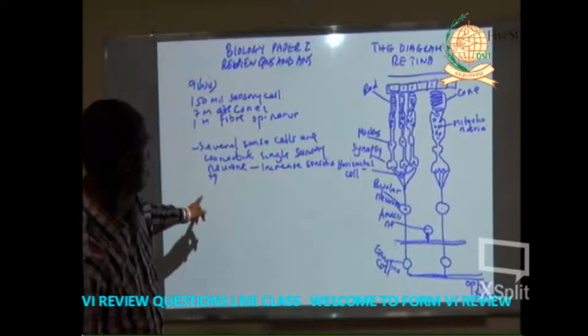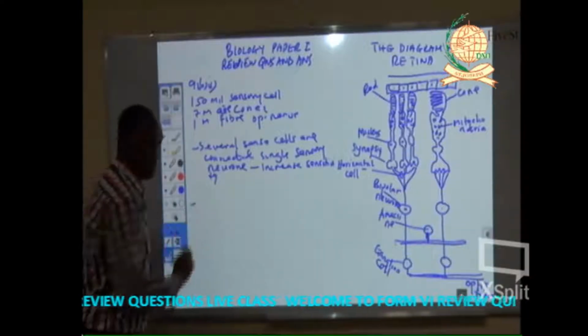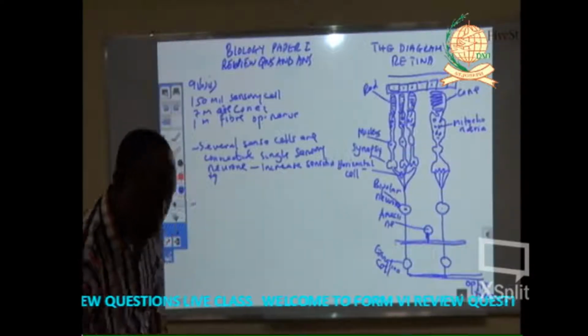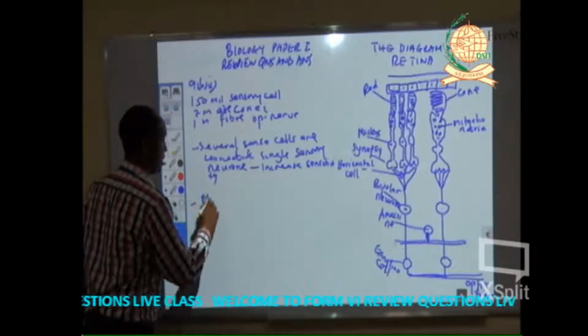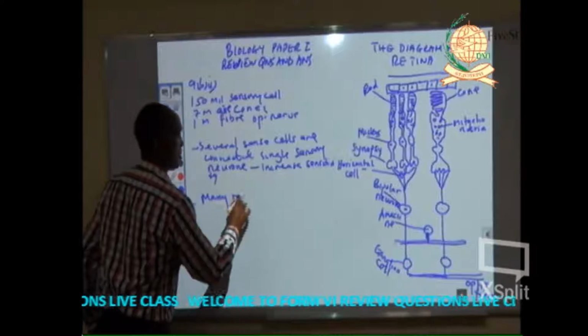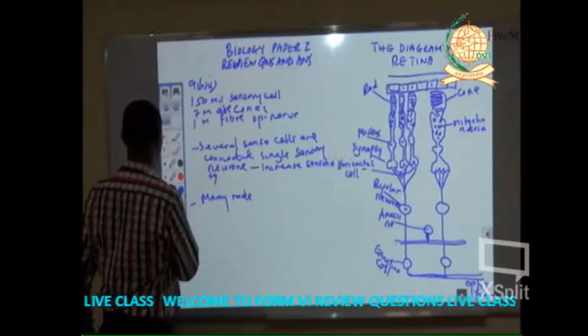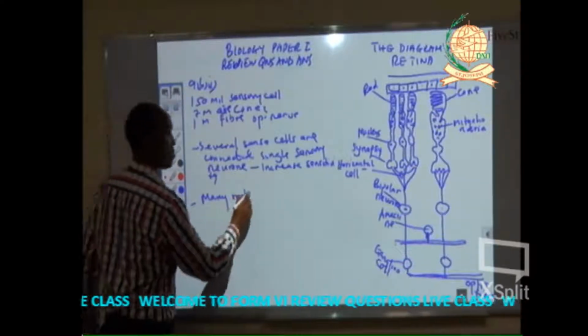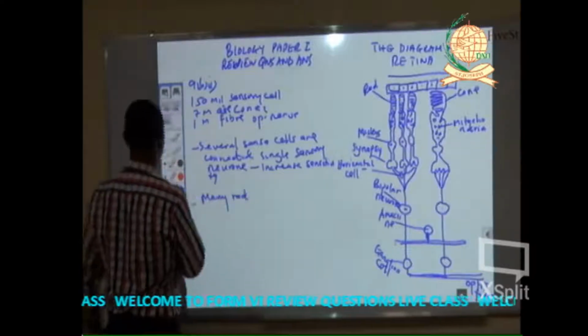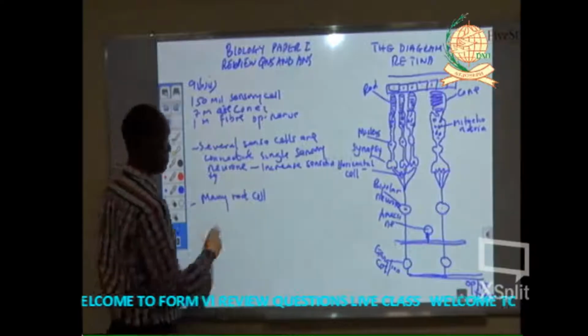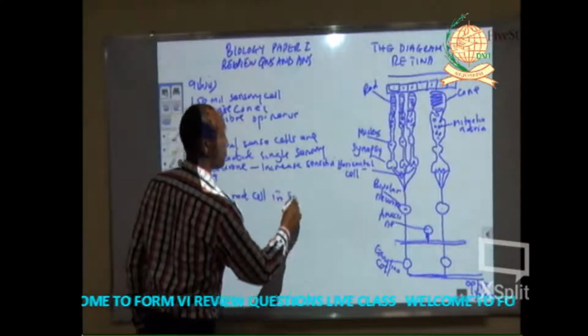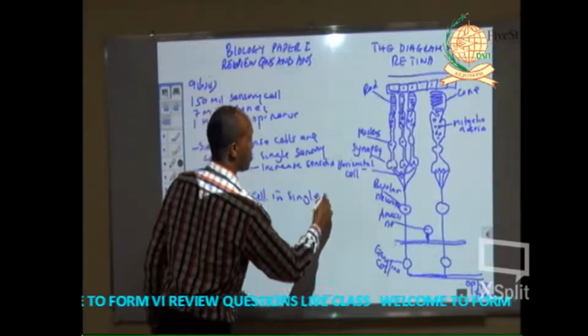So for the rods, there are many rods in a single optic neuron. Many rod cells, or photoreceptors, in a single neuron.